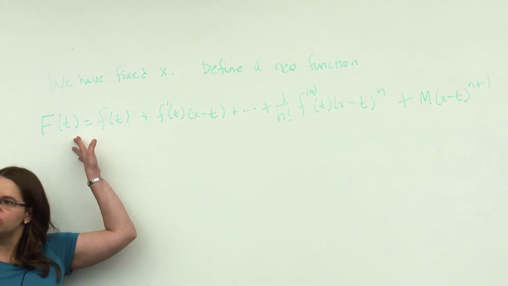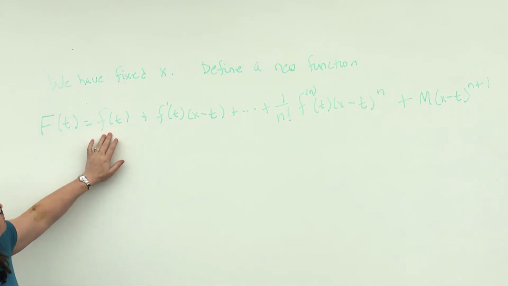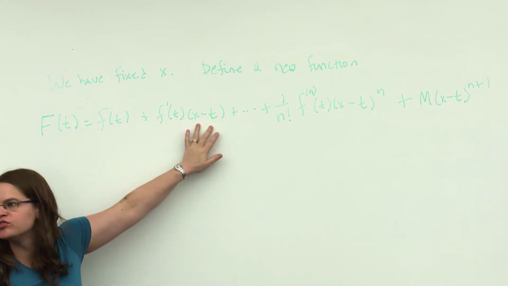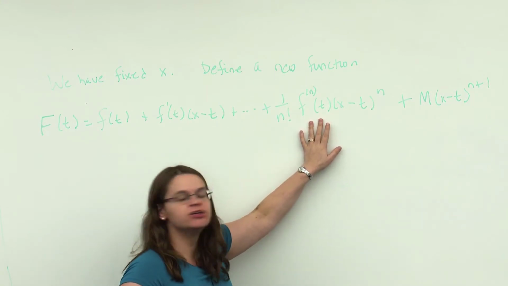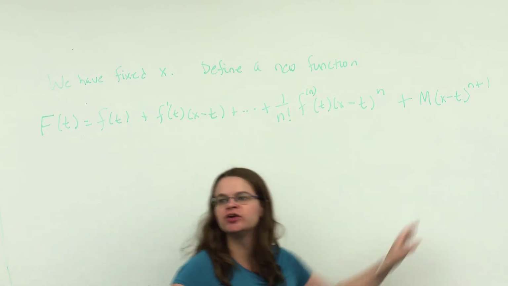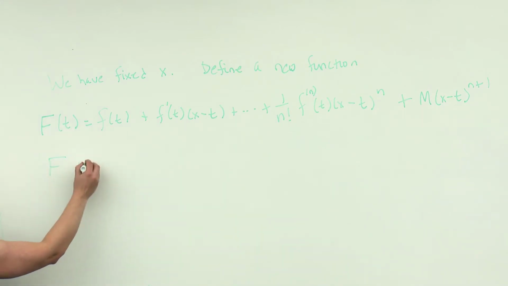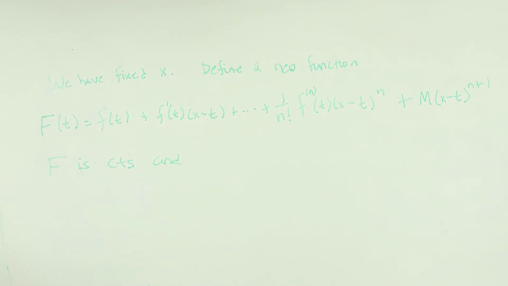Is this continuous? Sure it is, right? Because little f is continuous, f prime is continuous. This is just a polynomial term. The nth derivative is continuous. Again, this is just a polynomial term. So capital F is certainly continuous. And, bonus, it's differentiable, right?